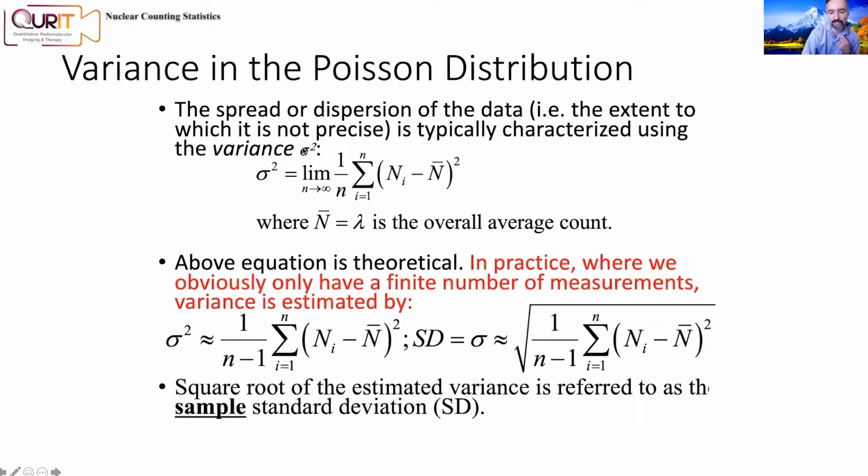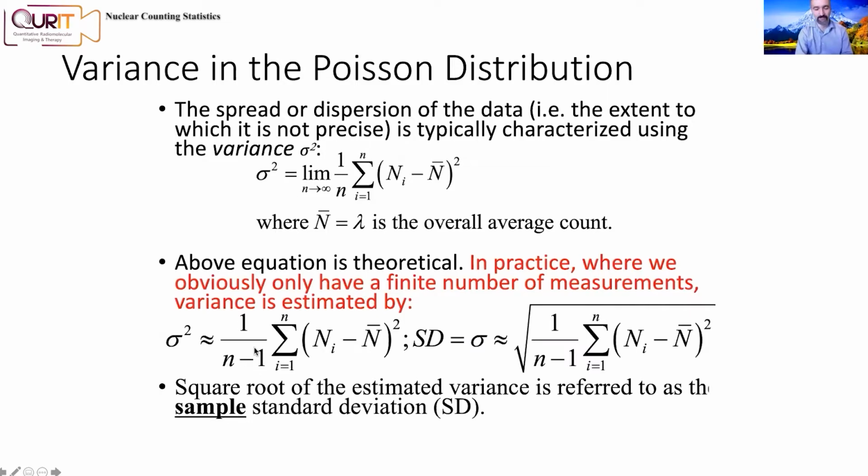The variance is, of course, given by this formula. You all know these equations for standard deviation and for variance; standard deviation is just the square root of variance. This is the equation for variance when you have an infinite number of samples. Of course, in reality, we do not have an infinite number of measurements. So often people, instead of saying 1 over n, say 1 over n minus 1.